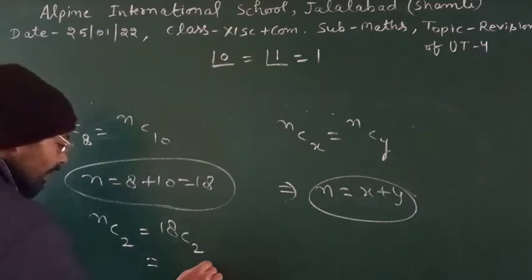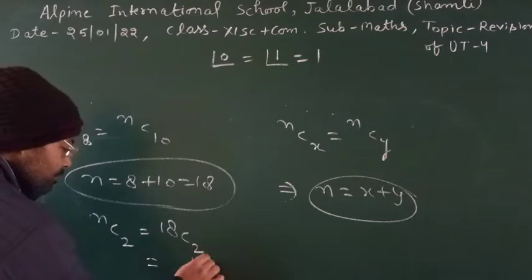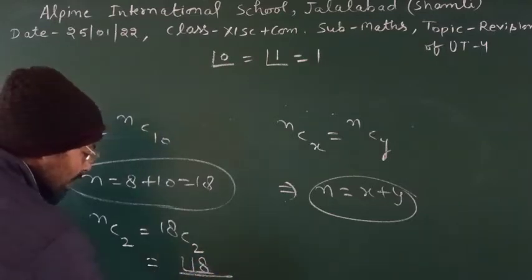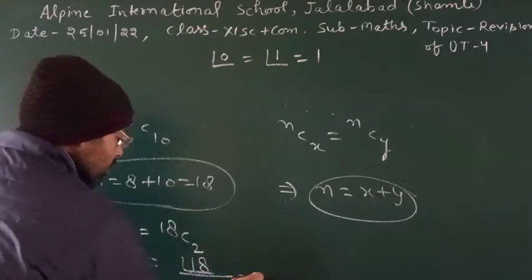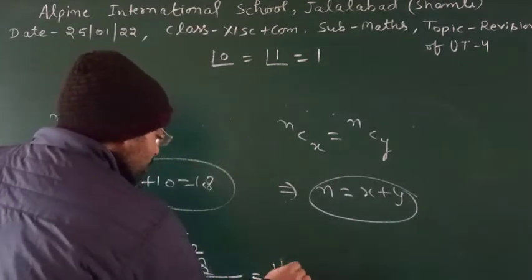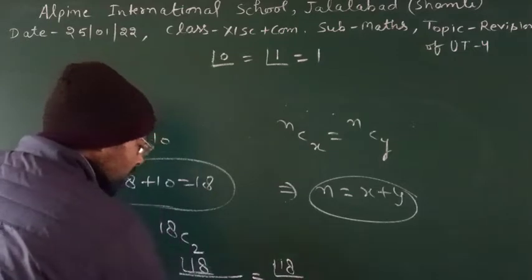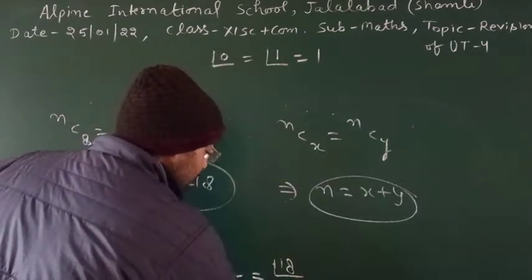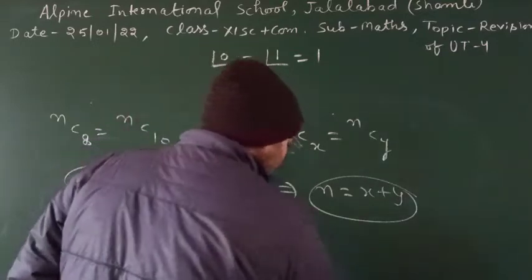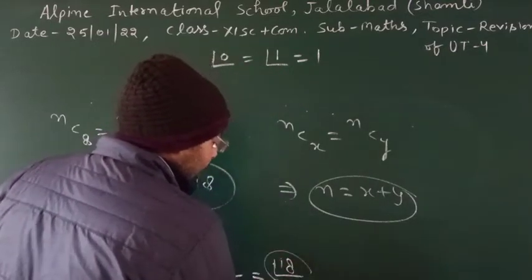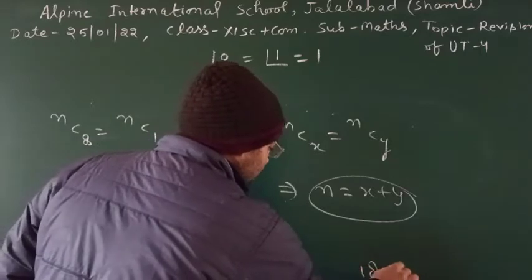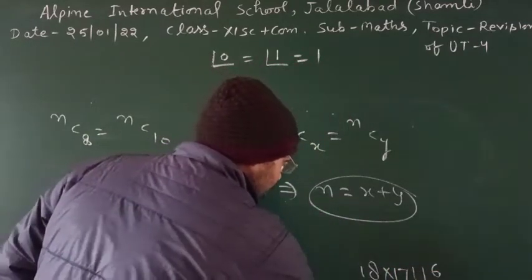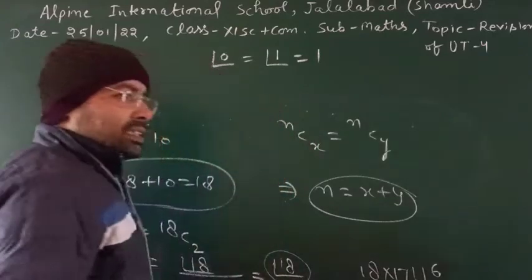will be factorial 18 upon factorial 2 into factorial 18 minus 2. So this will be equal to factorial 18 upon factorial 2, which will be 2 into 1 into factorial 16. Now we can open factorial 18, which will be 18 into 17 into factorial 16 upon 2 times factorial 16.